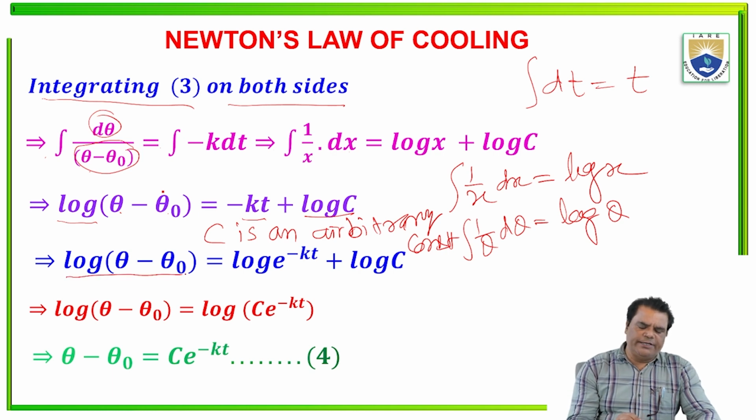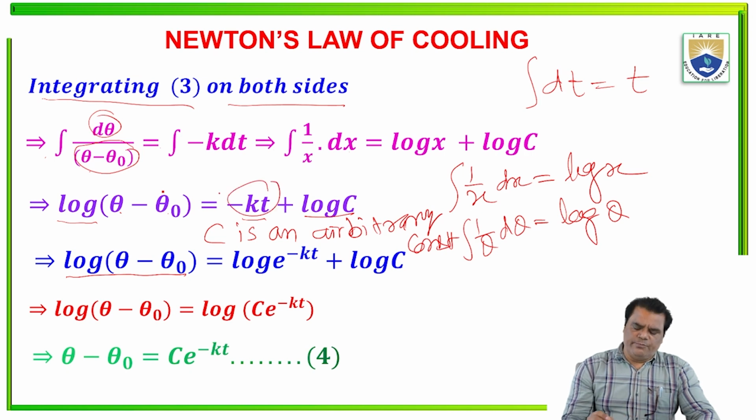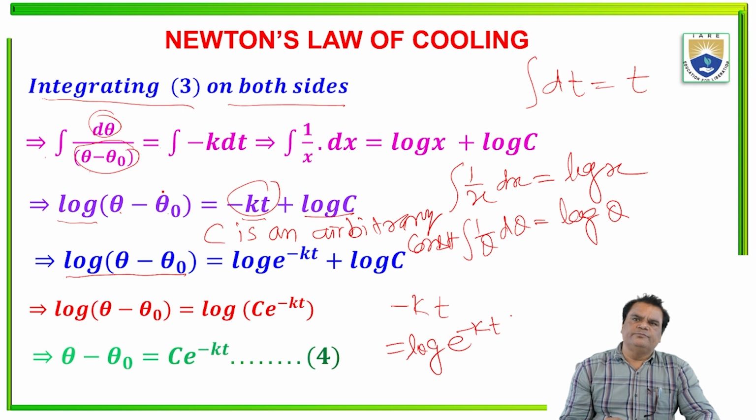This implies that log of theta minus theta naught equals minus kt plus log c. We can write minus kt as log e to the power minus kt.